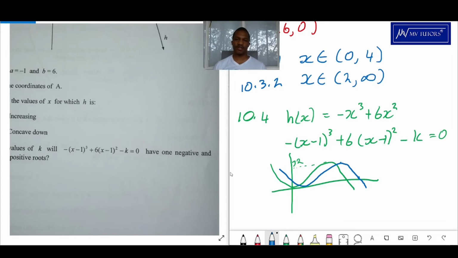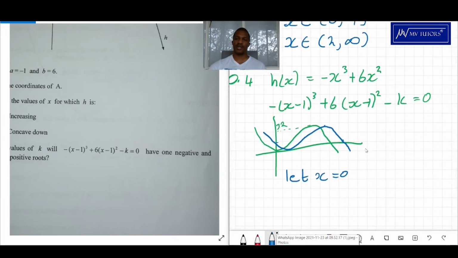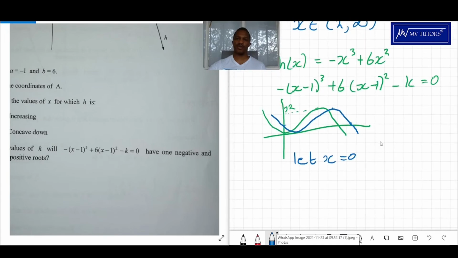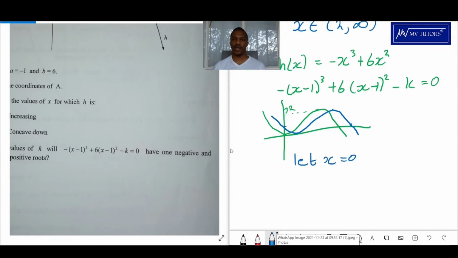Okay, so let's solve this y-intercept. To solve a y-intercept, we let x equal 0. Let me write the statement, let x equals 0, so that it's clear that we are solving a y-intercept.